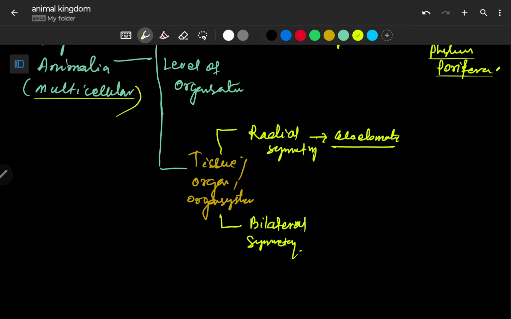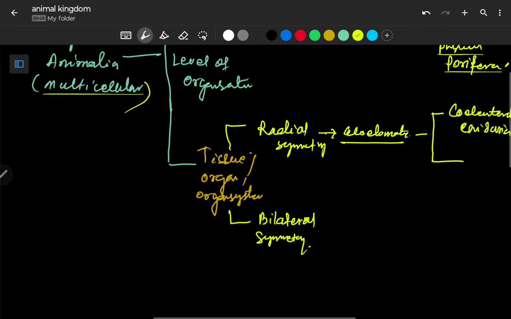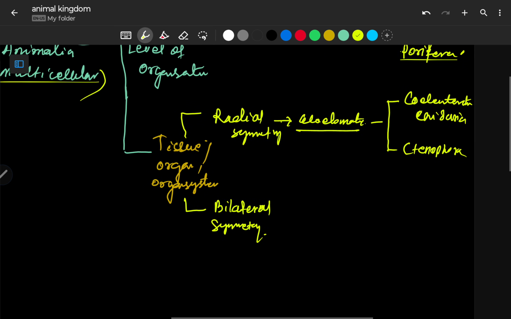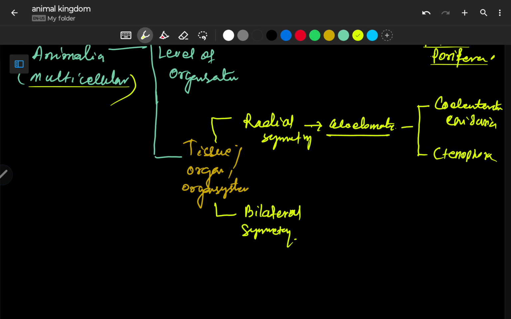So those which are not having coelom include the phylum Coelenterata or Cnidaria and Ctenophora. And what is the other phylum? That is Ctenophora. Okay. So these are the two phyla. So here ends the radial symmetry.